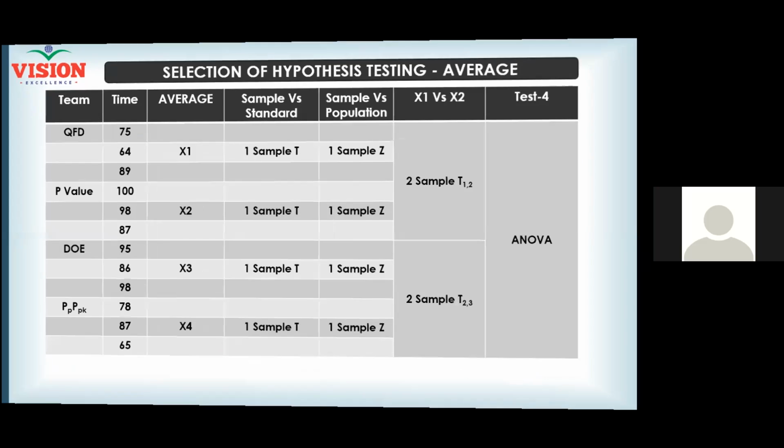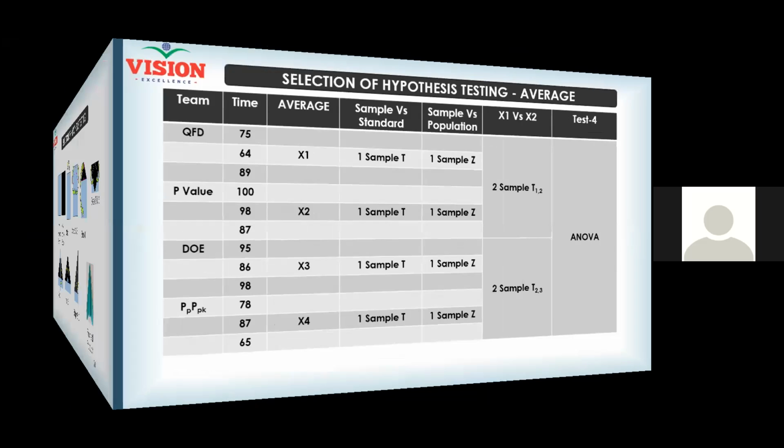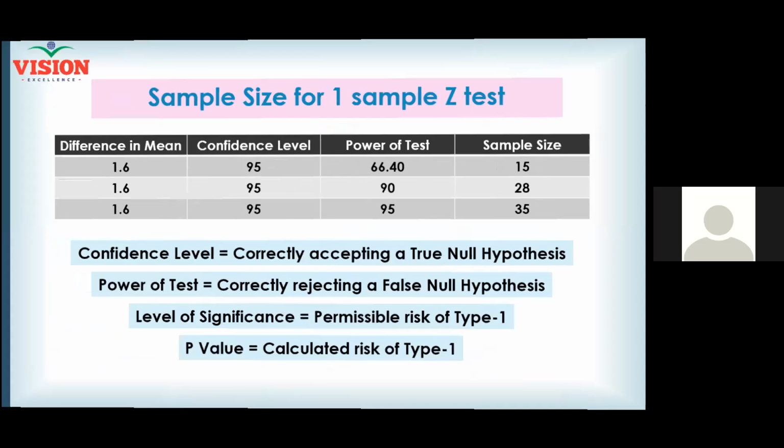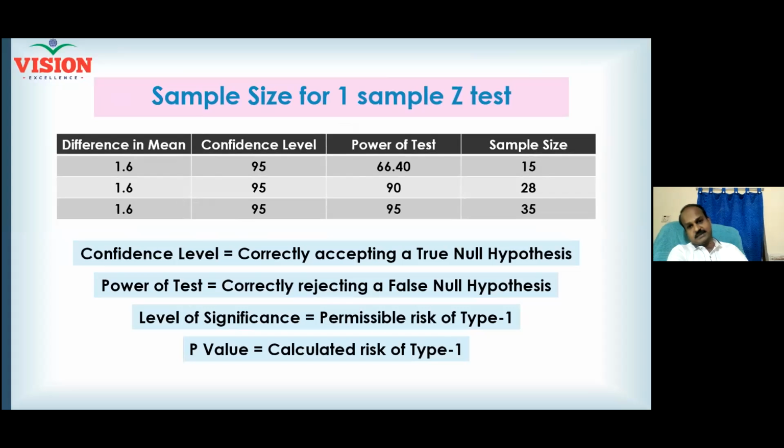So one small question: if risk tolerance is very low, will the sample size be high? Yes, correct. If you wanted to reduce your level of significance further. For example, with a sample size of 15, what is the confidence level I gain? 95%. Now, instead of taking 15 samples, you take only 5 samples.